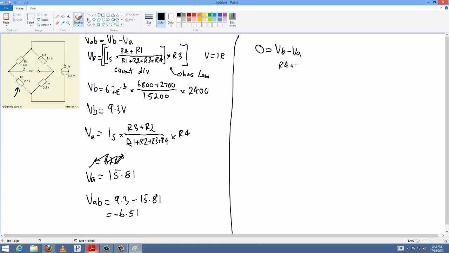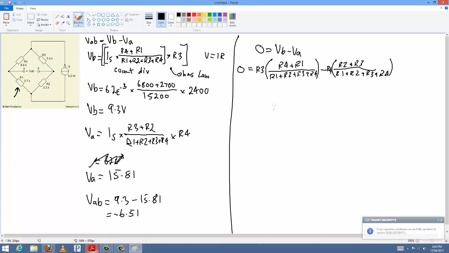So R4 plus R1 all on R1 plus R2 plus R3 plus R4, times R3, minus R4 times R2 plus R3 all on R1 plus R2 plus R3 plus R4. That's equal to 0.